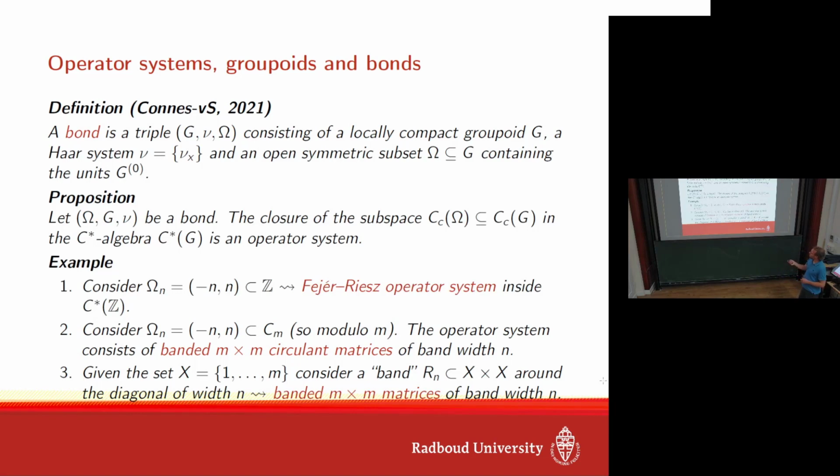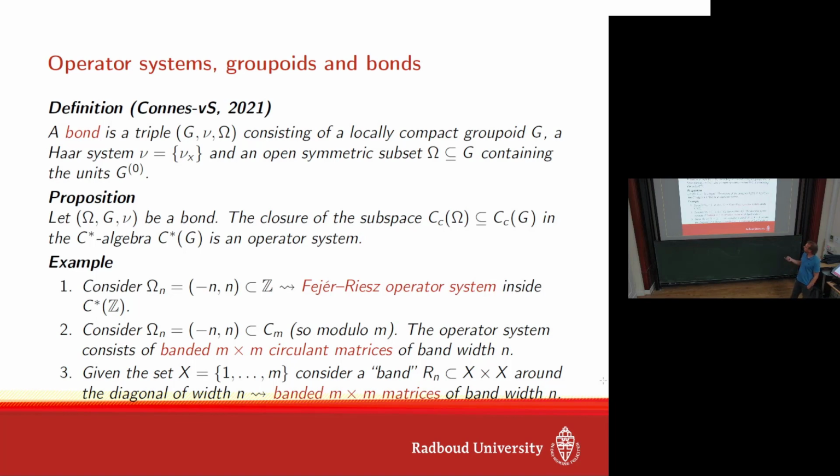So if you think about Z, then you already saw that example where I restrict to the interval minus n to n. And then I'm just taking C star Z, the group C star algebra, and inside that I have my Fejér-Riesz operator system. You could also take the cyclic group and also have some kind of support condition there. And then you get a completely different situation. You get the banded m by m circular matrices.